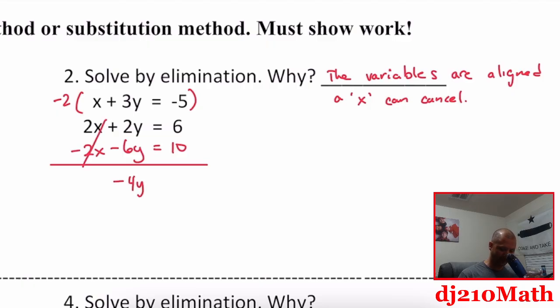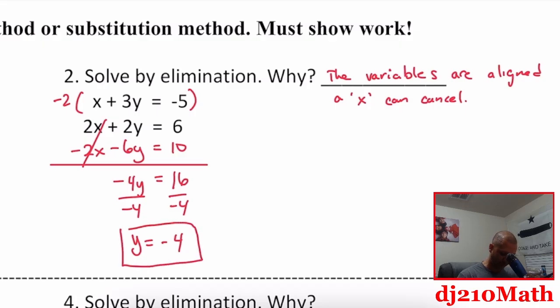Negative 4y is equal to 16, right? Because we always add. Divide by negative 4. Y is equal to negative 4, right? 16 divided by 4 is 4. Positive divided by negative is a negative. So we take y and plug it back into one of the originals.